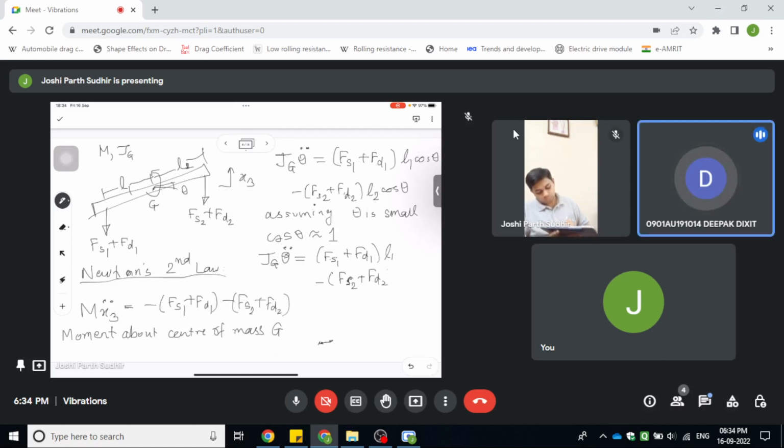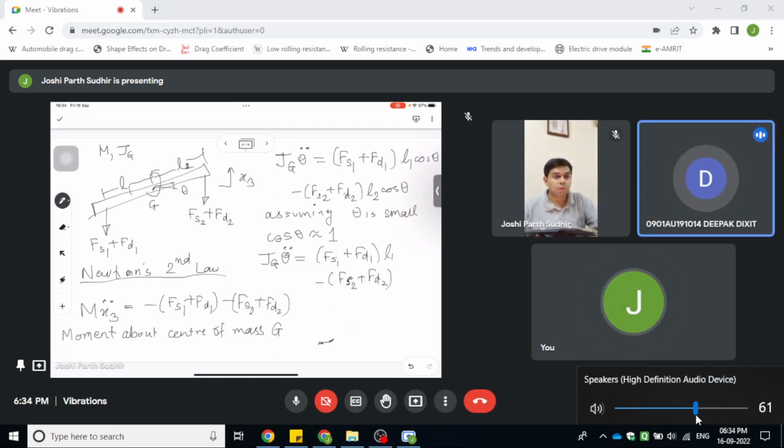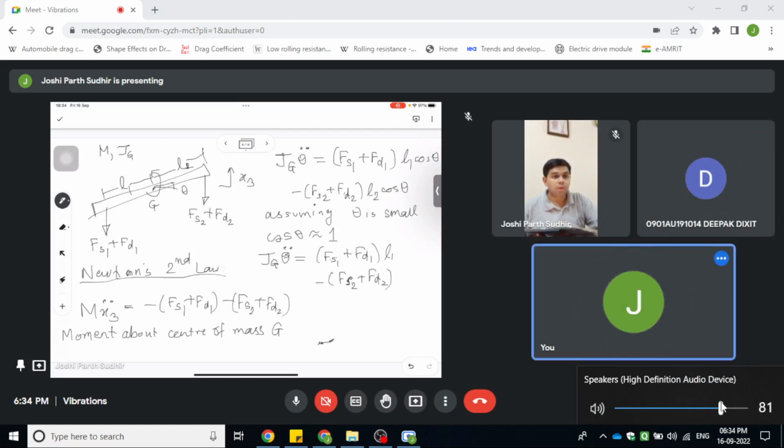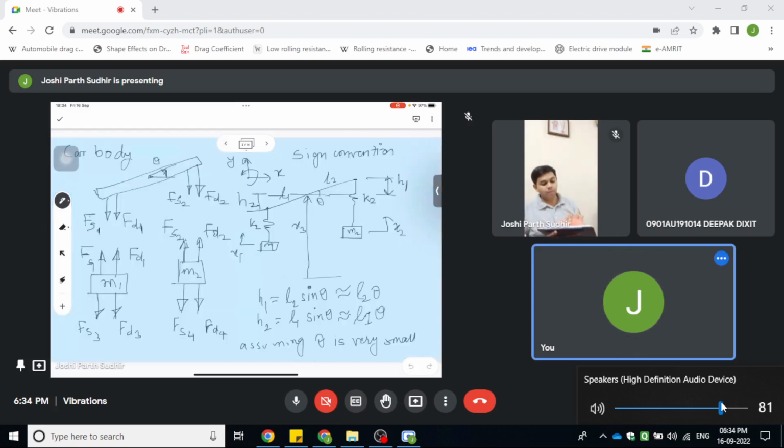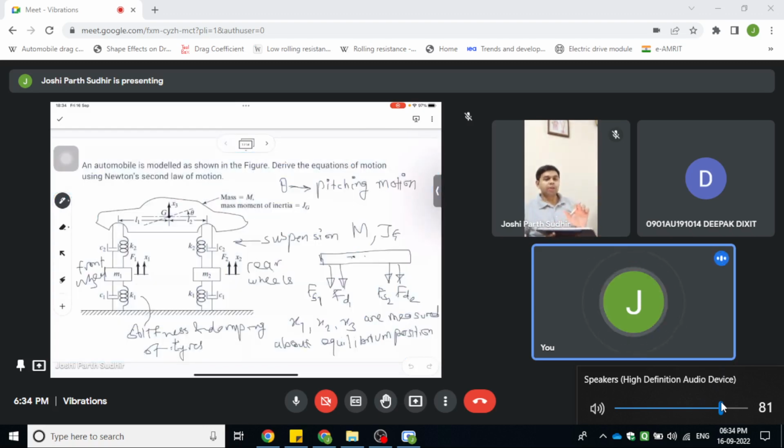Sir, this question is from which assignment? This question is not from any assignment. It is related to the multi-degree of freedom systems topic, and I have selected this problem to derive the equation of motion for this car model.